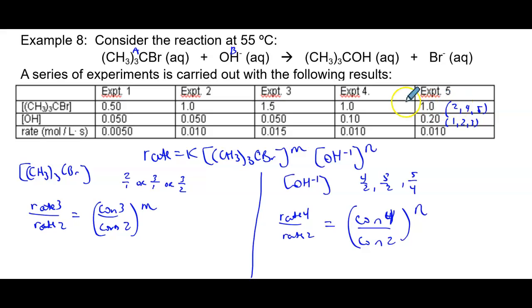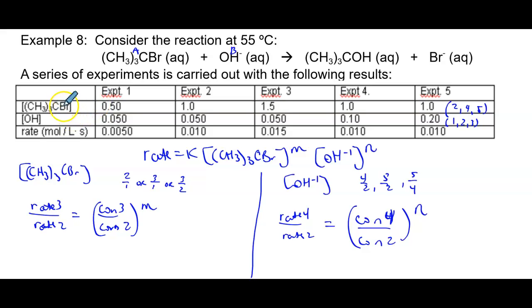I looked here and I found that with respect to this first reactant, I see that it is held constant with respect to experiments 2, 4, and 5. That's why I wrote 2, 4, 5 there. The other reactant is held constant with respect to 1, 2, and 3, meaning one of the values is the same for the concentration. So then, for this reactant, I don't pick any. I have to pick when the other reactant is held constant. That's why I'm making my list.